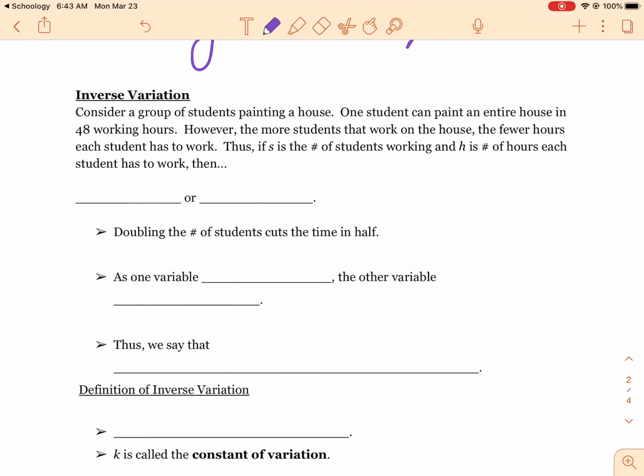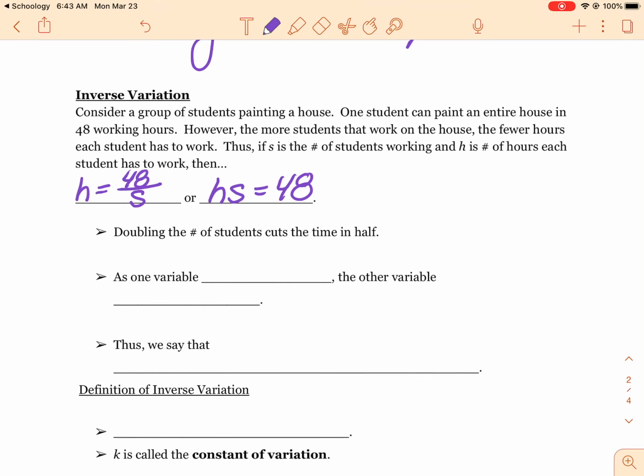So if S is the number of students and H is the number of hours, there's two equations we can think of. First, the number of hours would be 48 divided by the number of students. Another way to think of that is we can multiply the hours times the students in order to get 48.